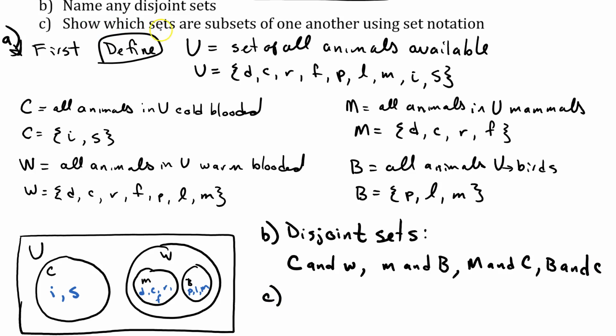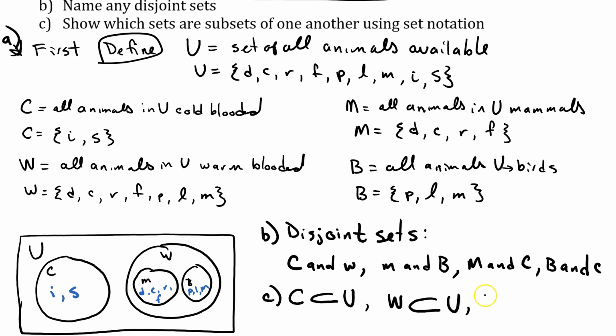Now, show which sets are subsets of one another using set notation. Well, as we have defined, cold-blooded is a subset of the universal, just as warm-blooded is a subset of the universal, because all of the elements inside are contained in it. Now, there are no subsets of cold-blooded, but there are two subsets of warm-blooded.